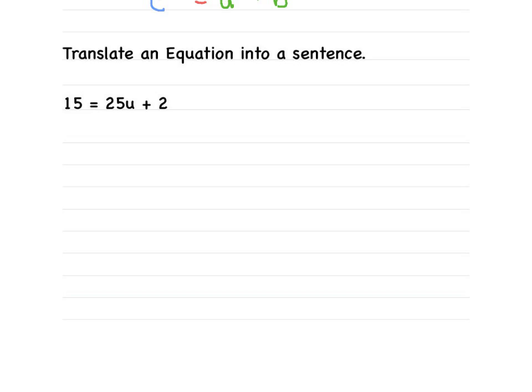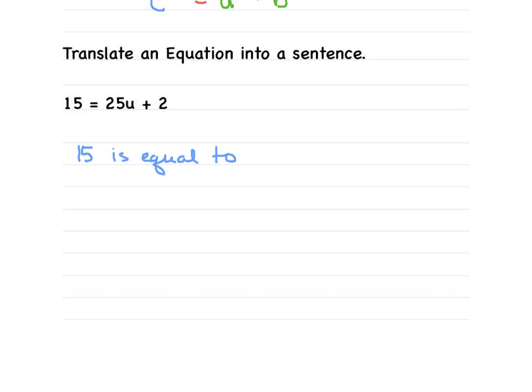Okay, so 15. Now, I could write the word equals. I could write the words is the same as. I could write is equal to. They all mean the same thing. So I'll write 15 is equal to.